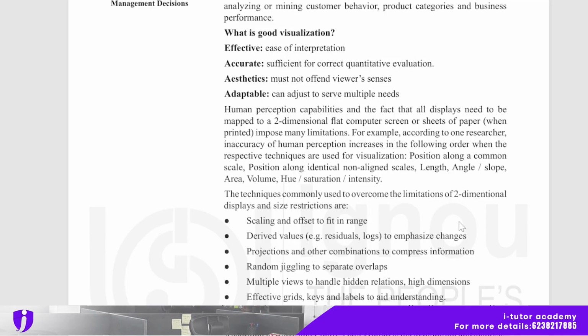For example, according to one researcher, inaccuracy of human perception increases in the following order when the respective techniques are used for visualization: position along a common scale, position along identical and non-aligned scales, length, angle or slope, area, volume, hue, saturation, intensity.